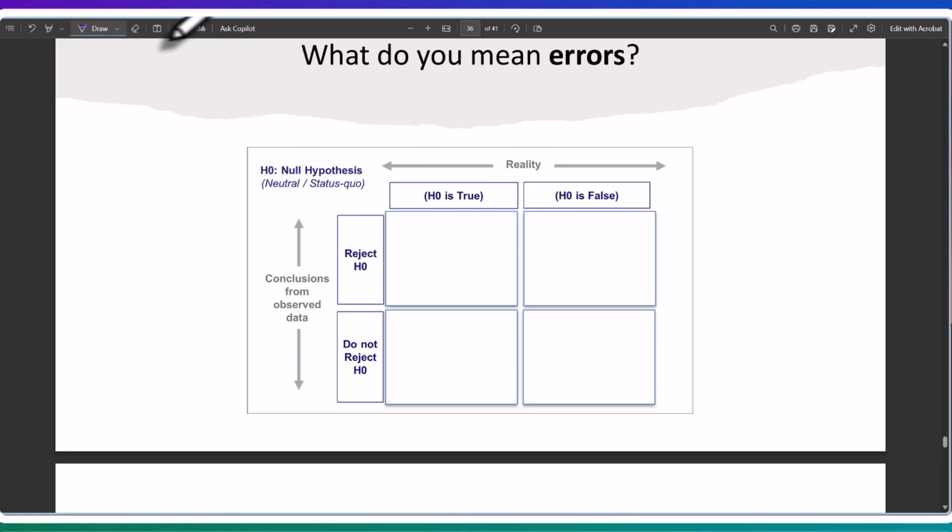The other way you could say that is that mean differences are zero, right? So the mean difference is zero in the population.